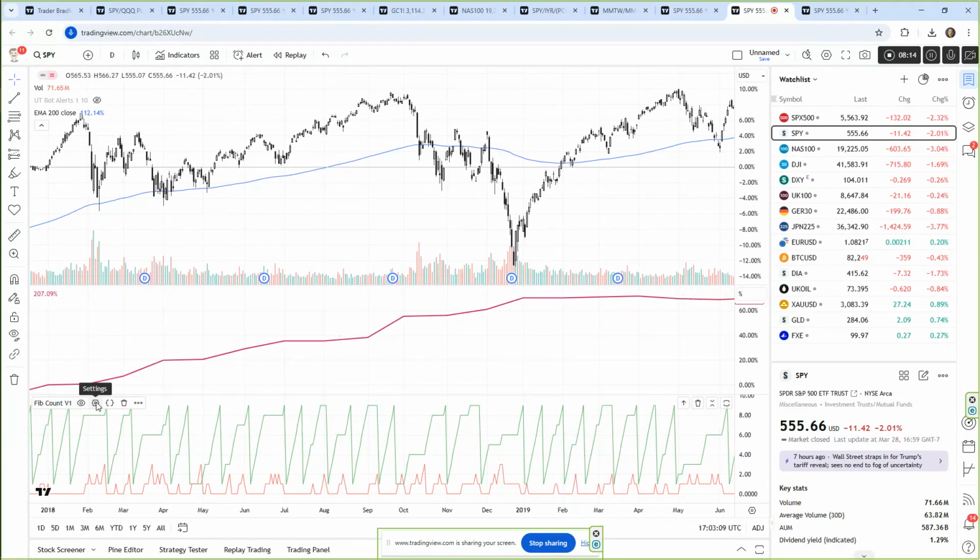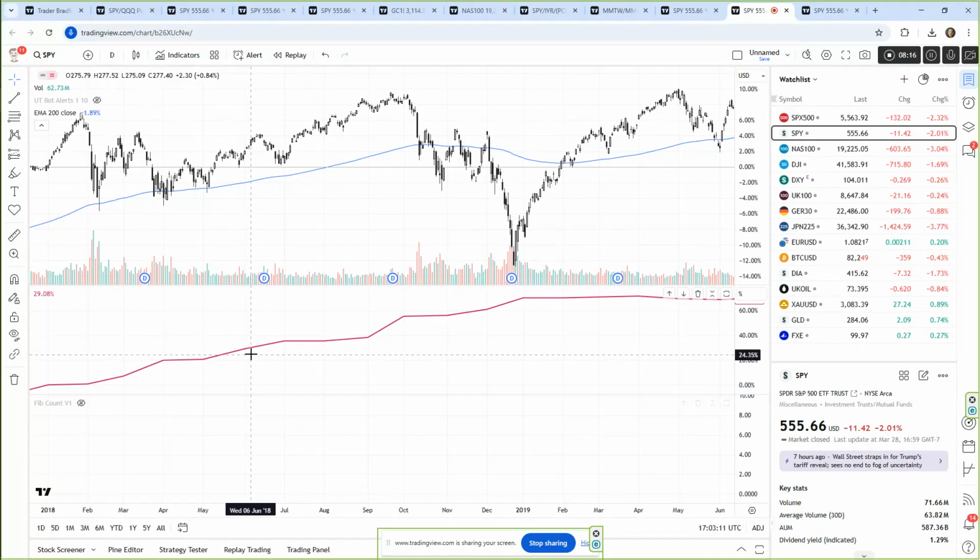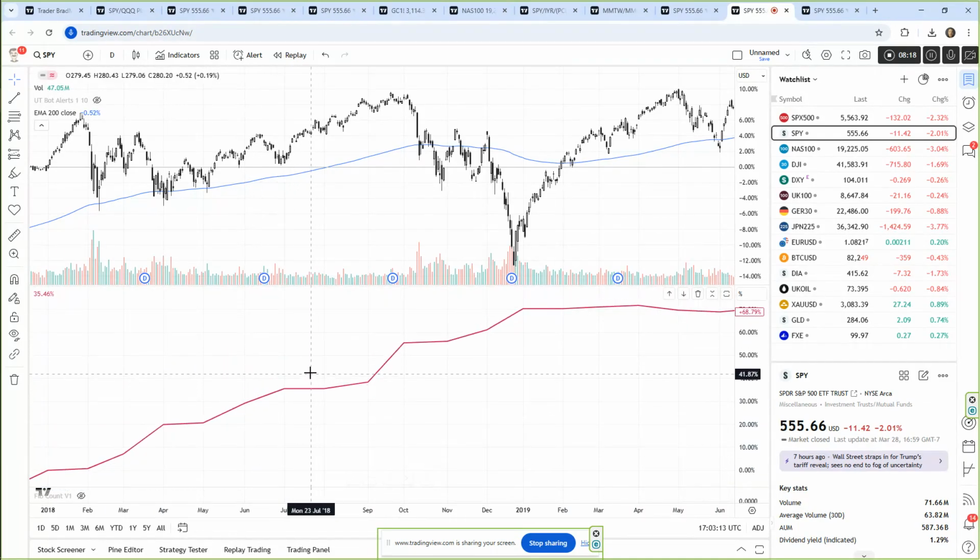So what happened here is the Fed was raising rates, and you can see that we had moved into this Fed funds rate area here.